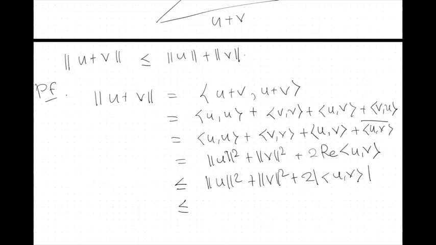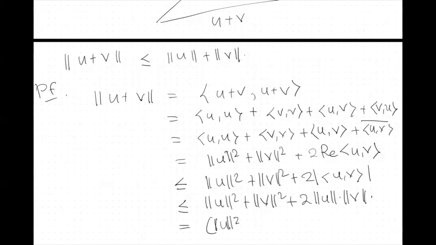Again, this is less than or equal to the norm of u squared plus the norm of v squared plus 2 times the norm of u and the norm of v by Cauchy-Schwarz, and then this is equal to the square of the norm of u plus the norm of v.